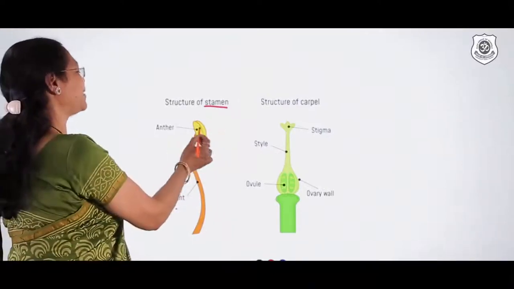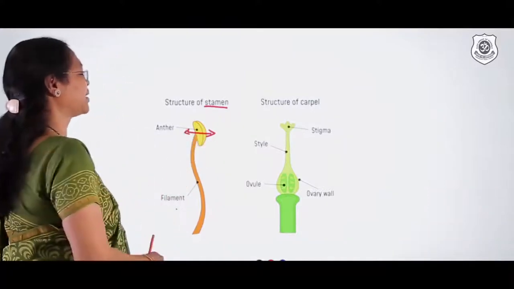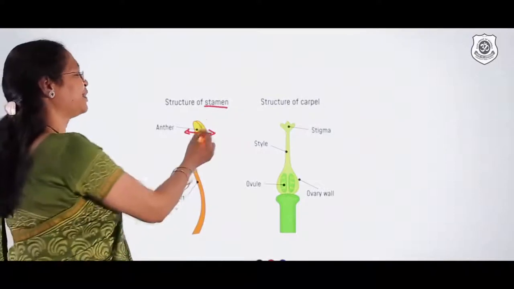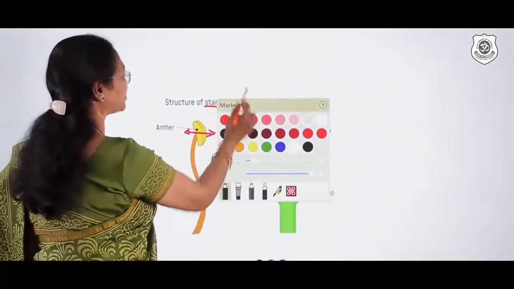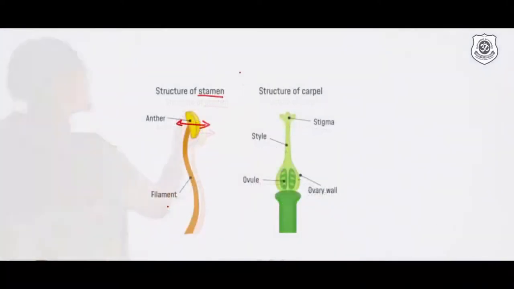Now what is there inside the anther? There are chambers. Anther is bilobed, anther is dithecous, and it has 4 microsporangia. It has 4 microsporangia, which produce the pollen grains.